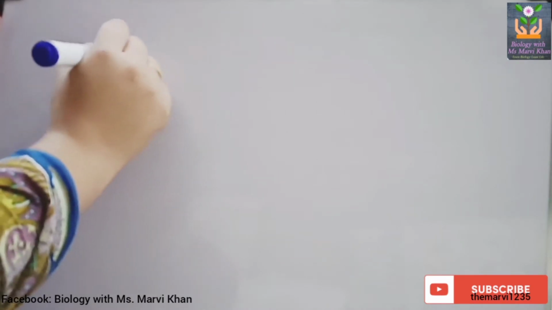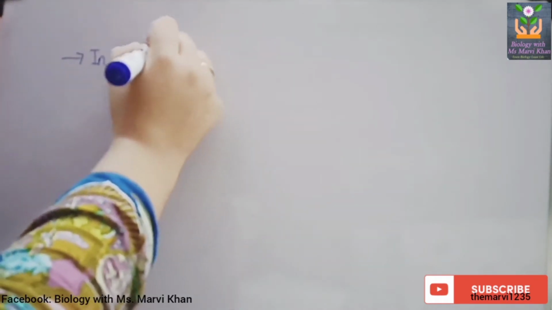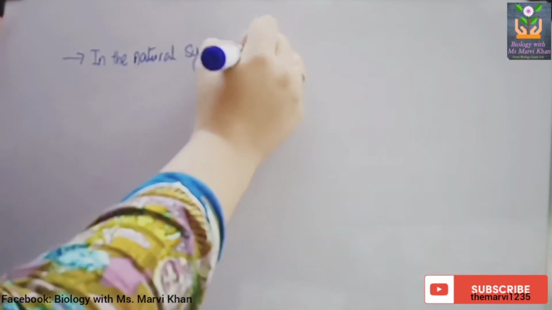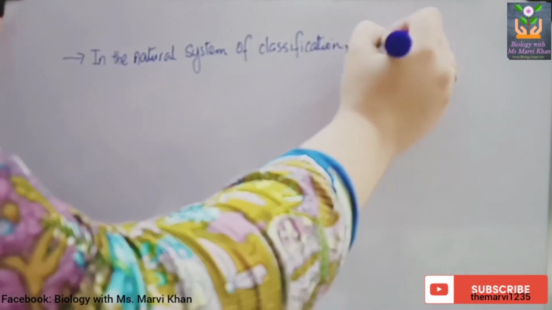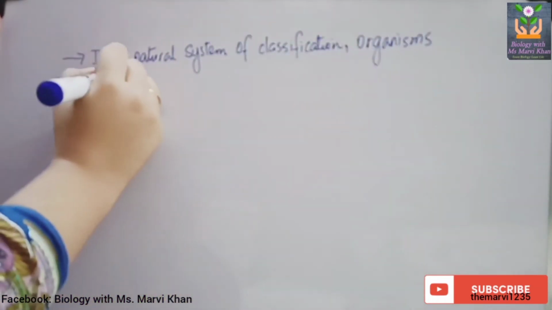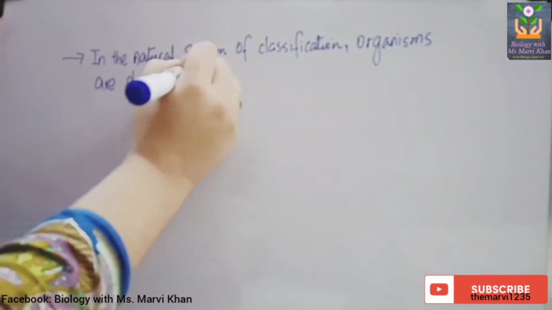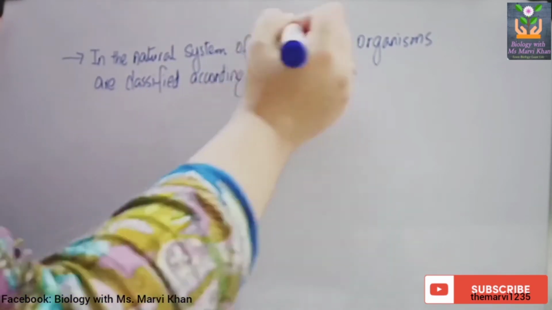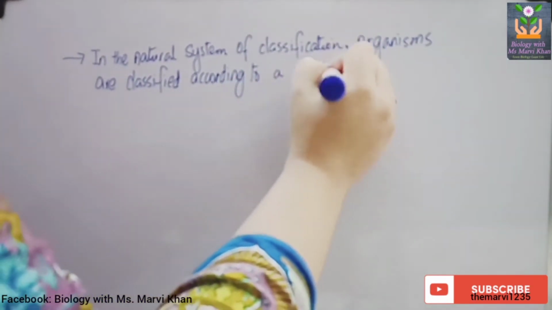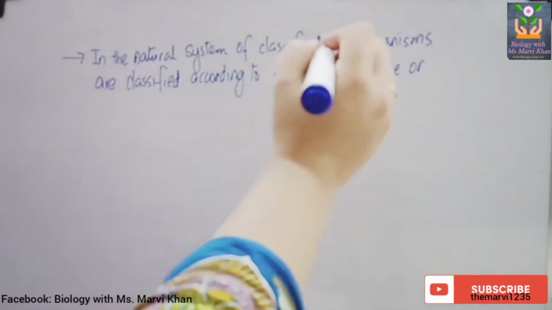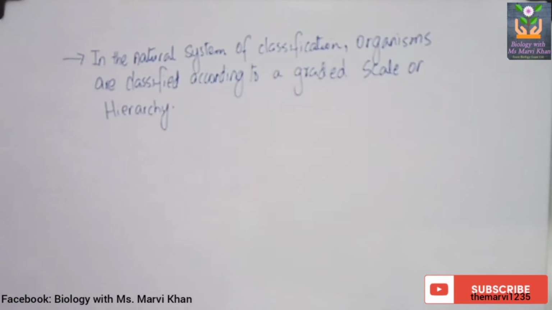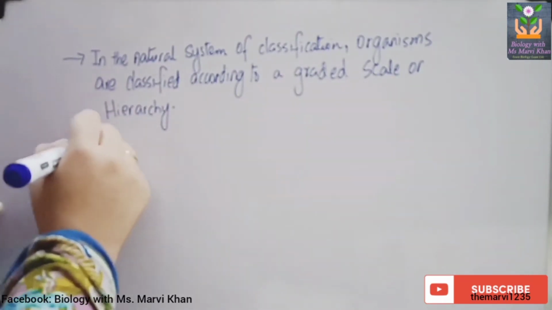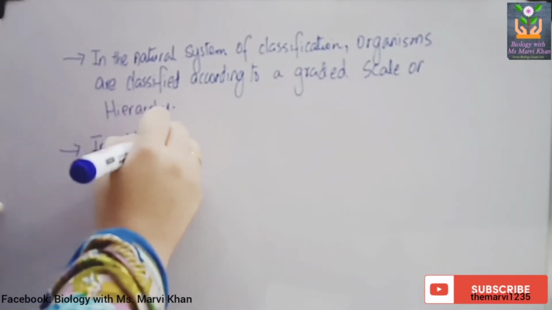In the natural system of classification, organisms are classified according to a graded scale or a hierarchy, and the resemblance between organisms becomes much closer as we go down the scale of classification. For instance, it is easy to distinguish one family from another family. It is also easier to separate different genera, but different species may be more difficult to differentiate.